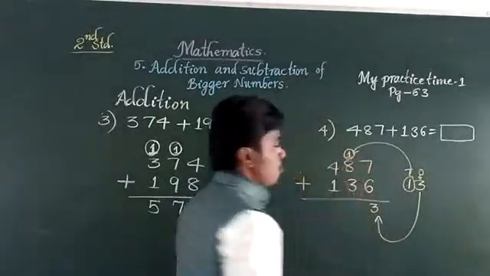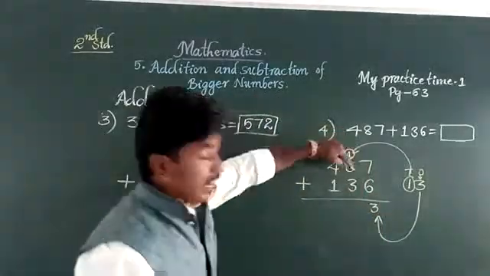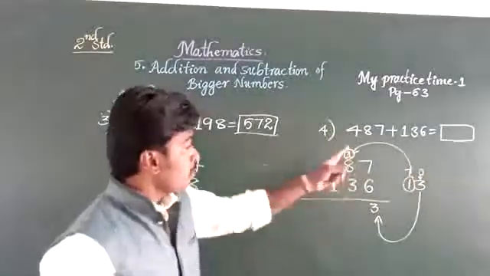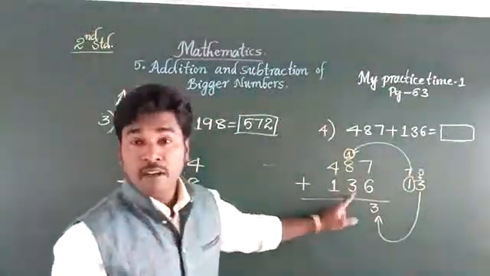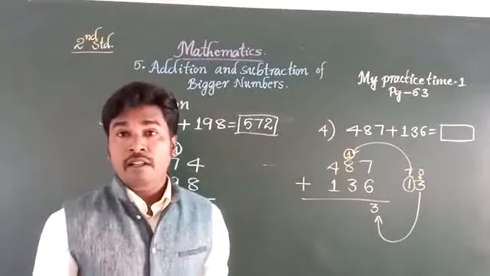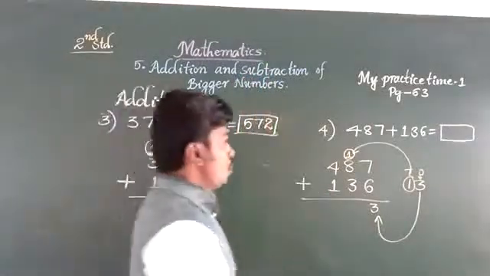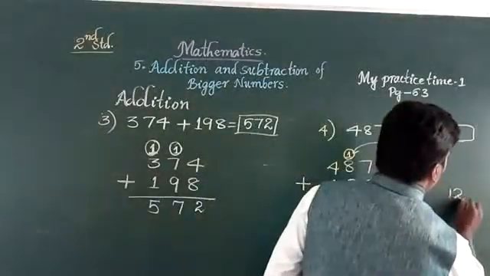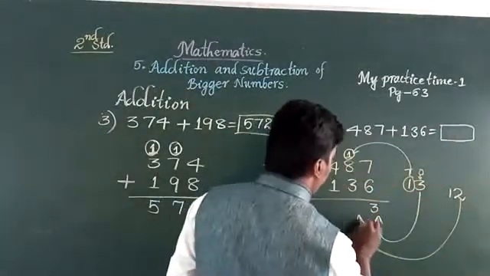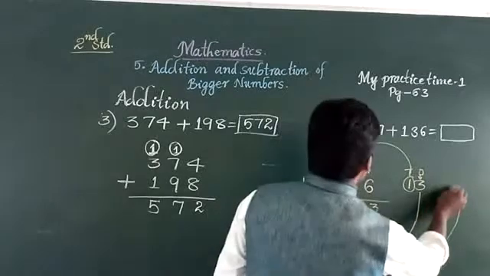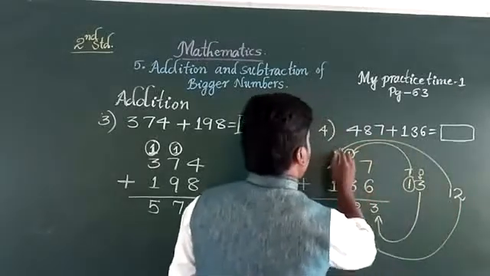So here I am going to write 1 plus 8 becomes 9. 9 plus 3. 9, after 10, 11, 12. So again you got 12. 2 should be written here and 1 should give carry.